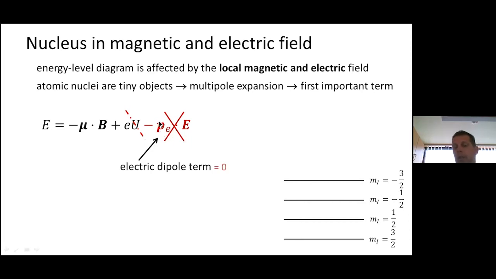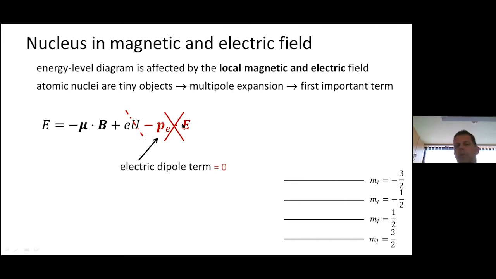First, electric dipole moment of a nucleus is 0 because atomic nuclei are symmetrical objects which have center of charge at the same position as center of mass, so their dipole moment is 0.